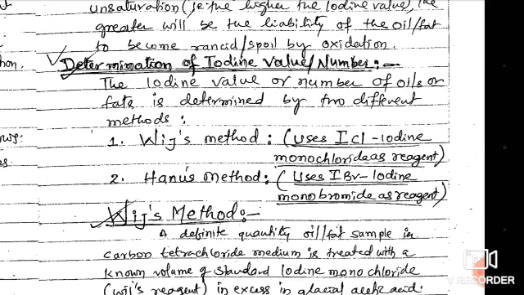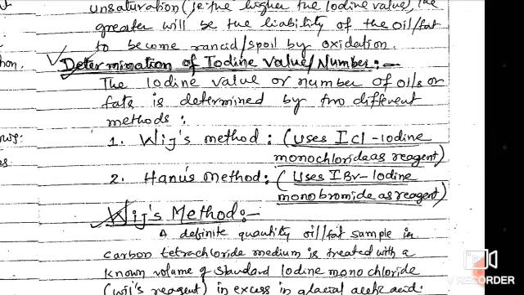The iodine value of the oil or fat is determined by two different methods. In the Wijs method we use monoiodine chloride solution as the reagent. In the Hanus method, we use IBr, iodine monobromide, as the reagent for determining the iodine value.